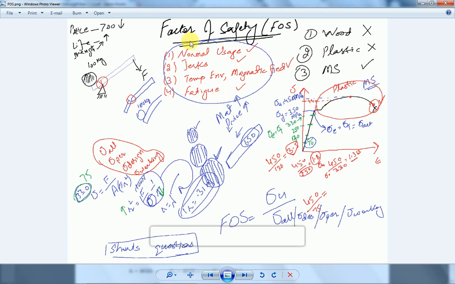So this was the factor of safety. We tried to design a simple lever. We applied many kinds of forces: normal usage, jerks, loadings, temperature, environment, magnetic field, or fatigue. Before this we selected an economical and more suitable material, mild steel, for the manufacturing of this lever.